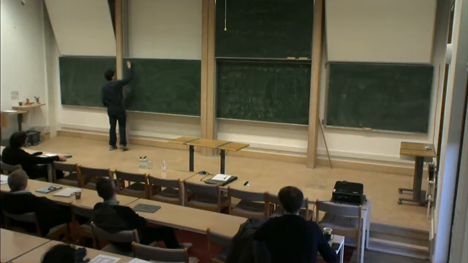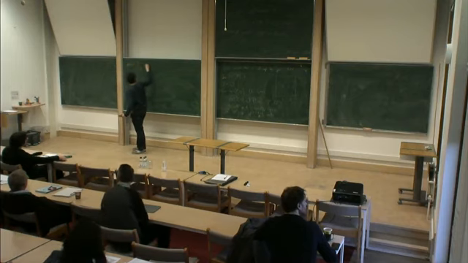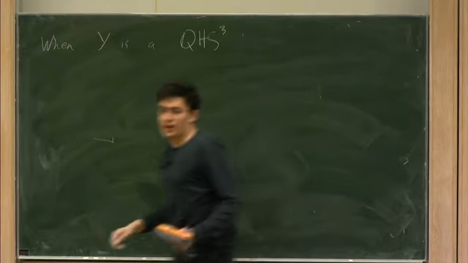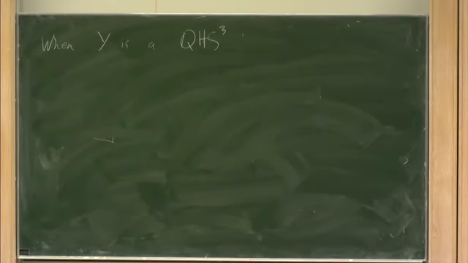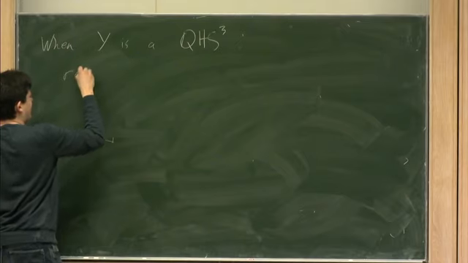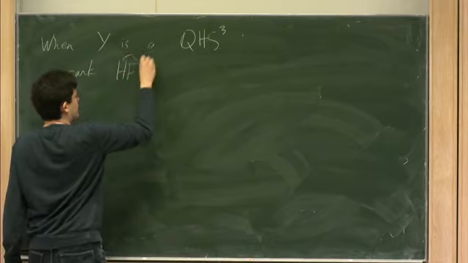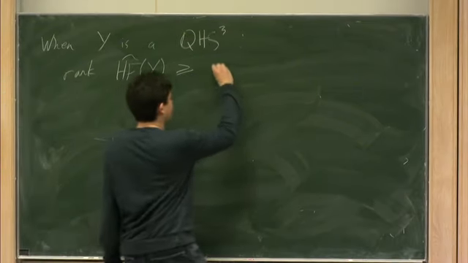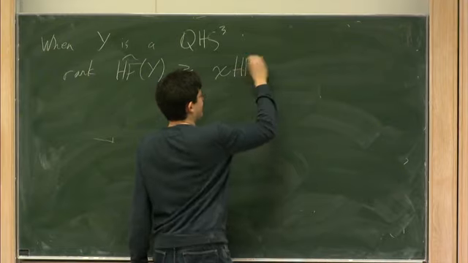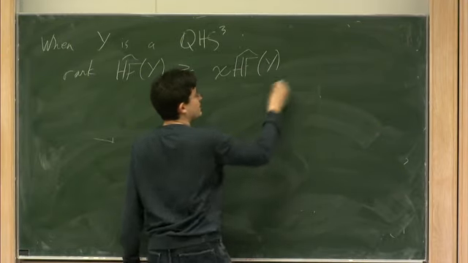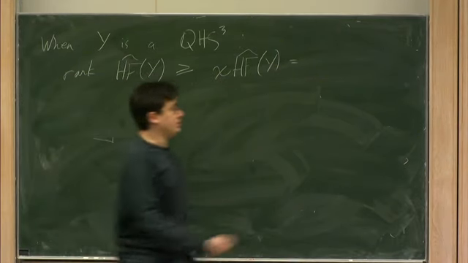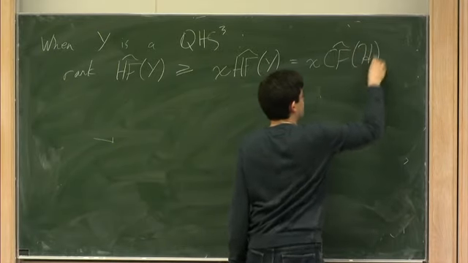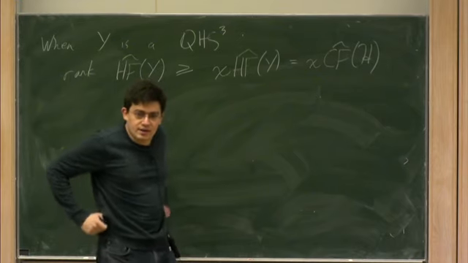Okay, so when Y is a rational homology sphere, one of the things that we saw is that the total rank of HF hat of Y has to be greater than or equal to, well, we said it was the Euler characteristic of HF hat of Y, which was equal to the Euler characteristic of CF hat of a Heegaard diagram, right?